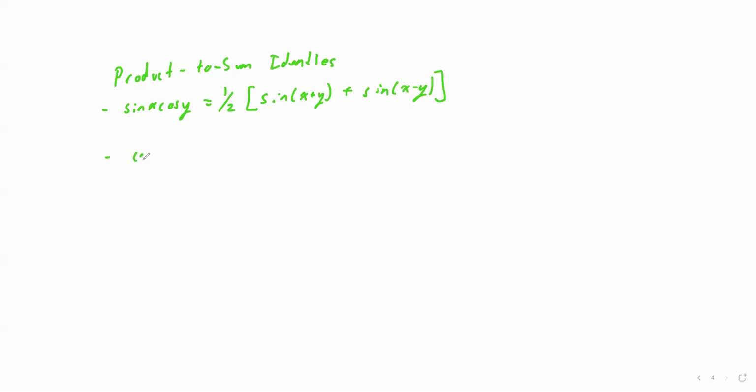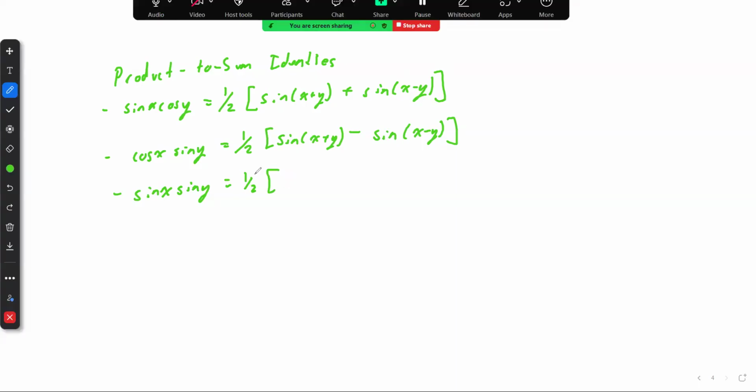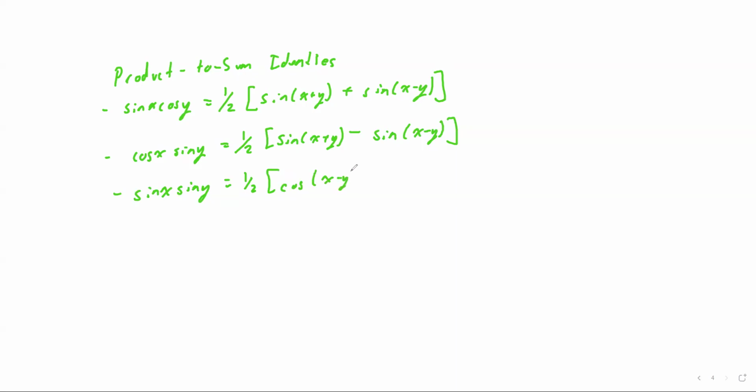We can have a cosine x times sine y. That would equal 1/2 of sine x plus y minus sine of x minus y. We could have a sine x times a sine y, and that will be 1/2 of cosine x minus y minus cosine of x plus y.